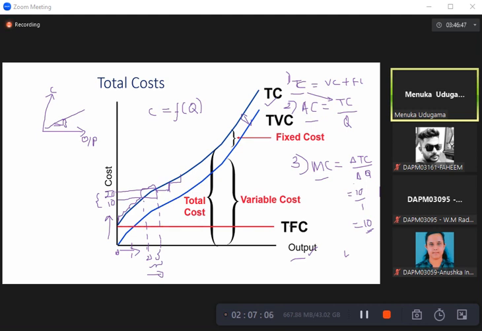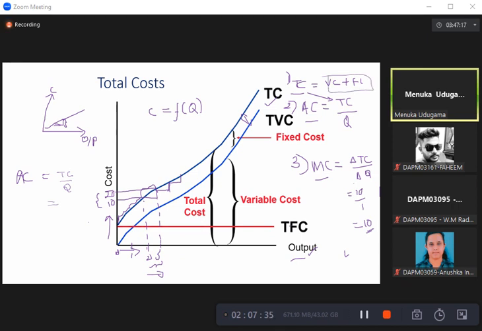Now, average cost, if I take average cost out, average cost is actually what? Average cost is total cost over Q. Now, we know total cost is variable cost plus fixed cost.